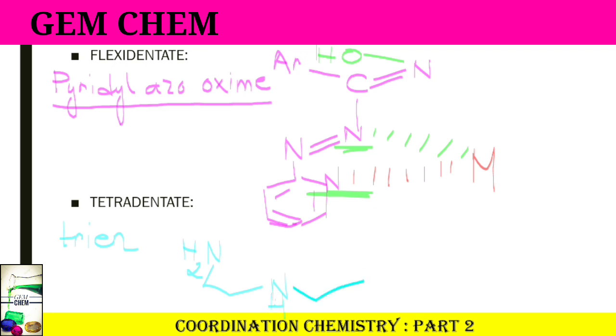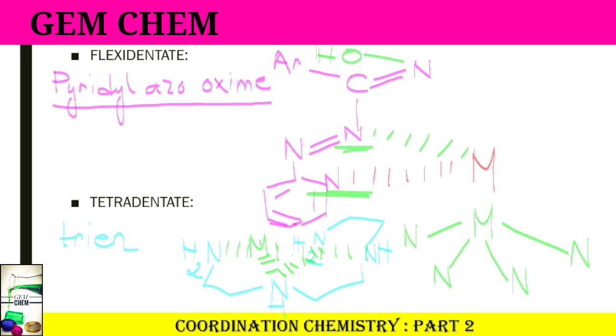Similarly write CH2CH2NH, and we have CH2CH2NH2. If you place a metal in between like this, there will be bonding from the 4 centers of the nitrogen to the metal, right? So the metal in between, and we have 4 nitrogens on the 4 sides, thus making it tetradentate ligand.